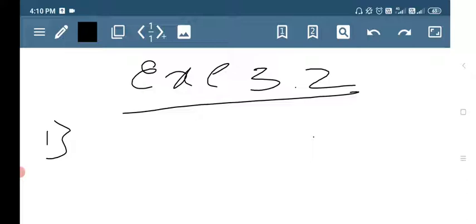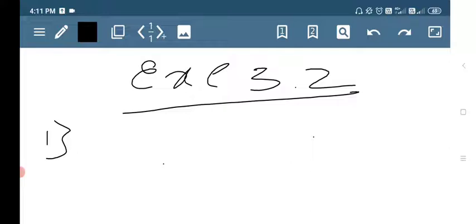Okay. The question here is, if you subtract 1 by 2 from a number, and multiply the result by 1 by 2, you get 1 by 8.